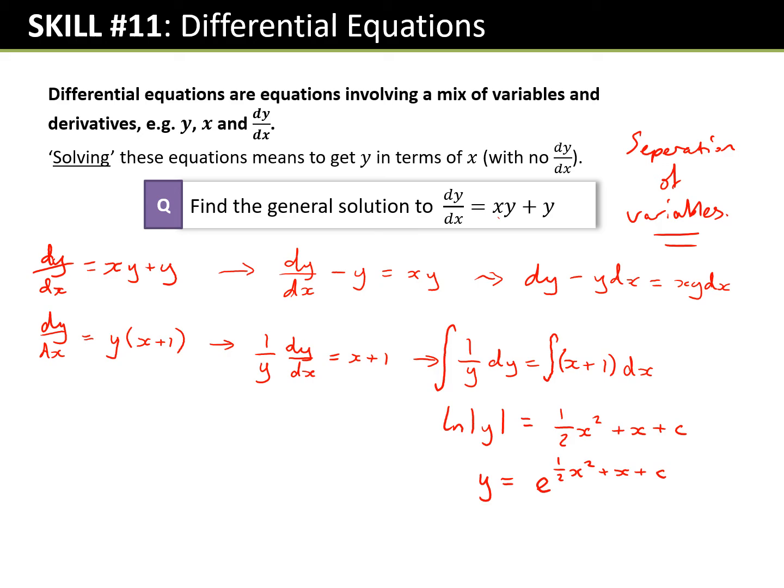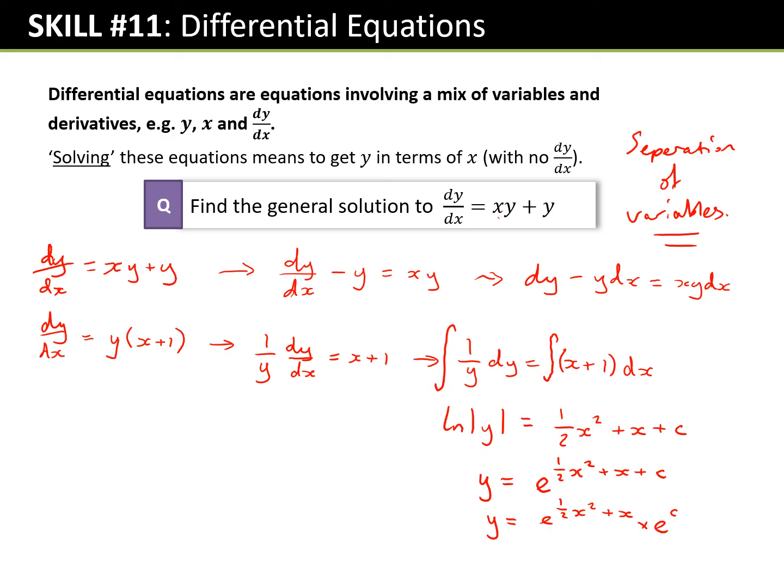However, I don't like the fact that this plus c is in the power. Now, if you use your laws of powers and that sort of idea, laws of indices, you can separate that one bit of the power from the rest.